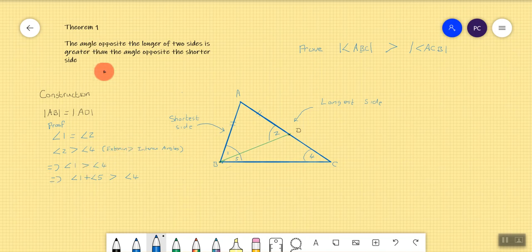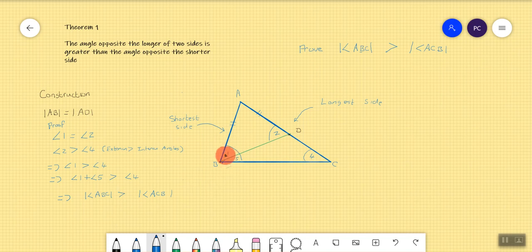So what we're trying to prove here, and we've kind of proved it, is that we can just finish this out and say that the angle ABC is bigger than the angle ACB.